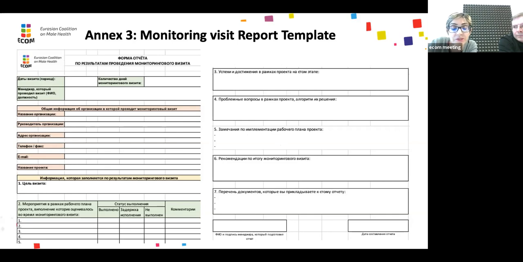Just to emphasize from our side also, we will create an online resource for you where you will have the recorded webinar, which you can get back to, and all the templates and forms of the essential M&E documents that were presented today, and you can make use of those and adjust them as you find appropriate within your organizations.